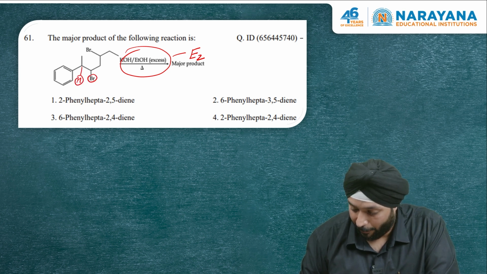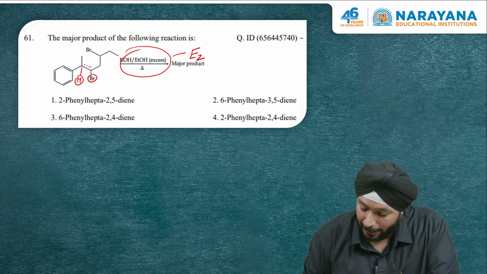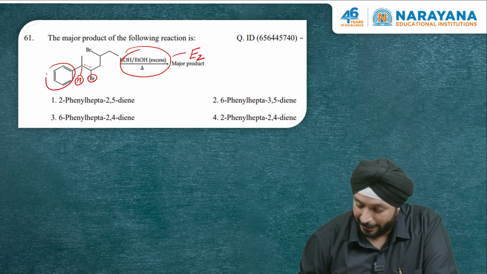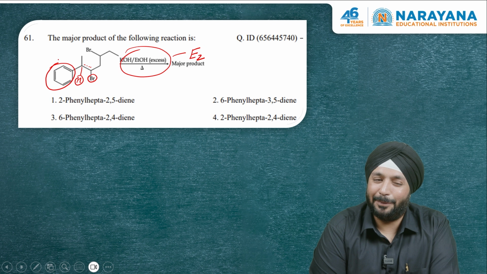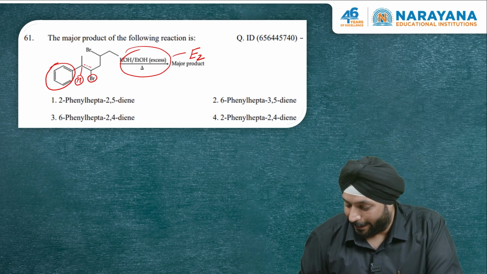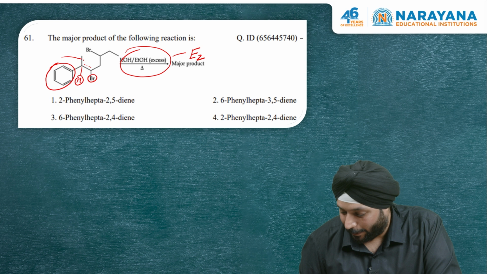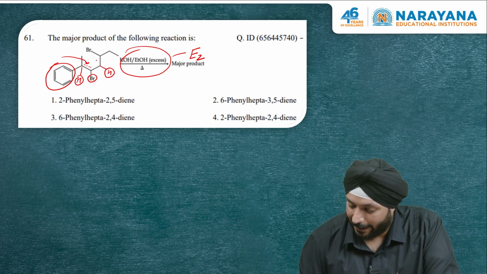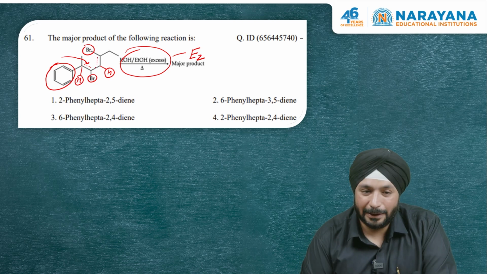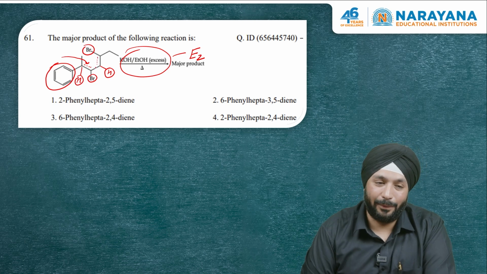Why? Because if a partial pi bond is forming, that partial pi bond should get stabilized by resonance with the benzene ring. So the initial elimination should take place over here. And as I'm getting a pi bond on this particular carbon, the second elimination should take place in this direction, and I'll get a pi bond which will be in conjugation with the initially formed pi bond.